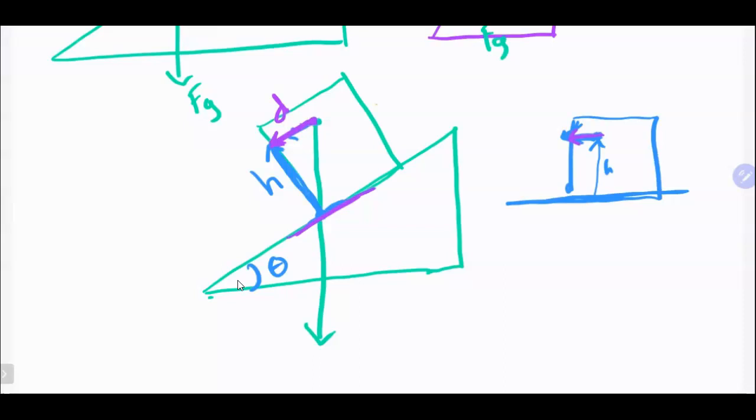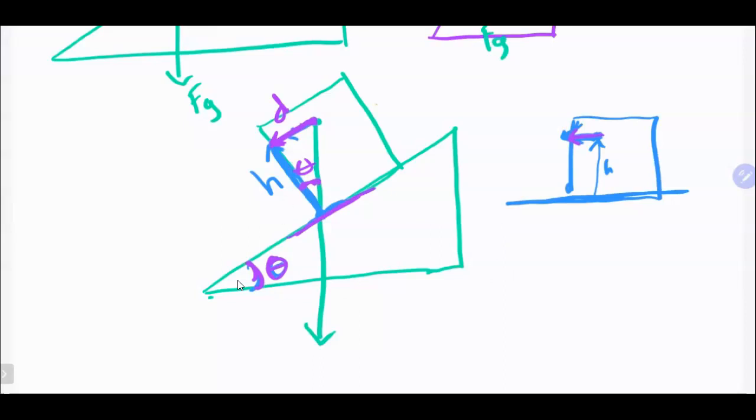I can see that the angle here in this triangle I've drawn is the same as this angle in my large slope. Therefore, I can relate these two triangles.